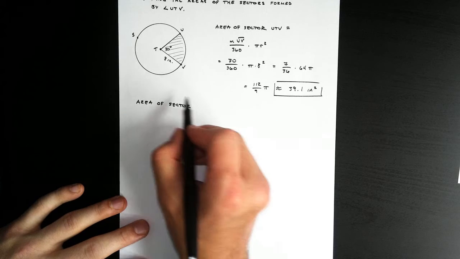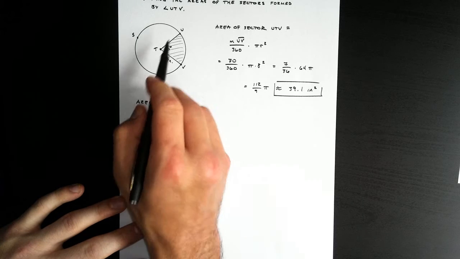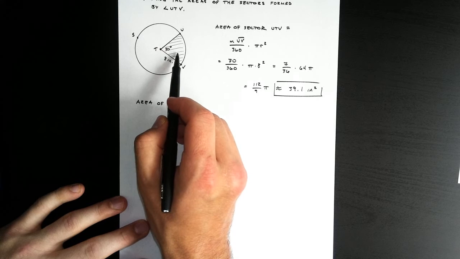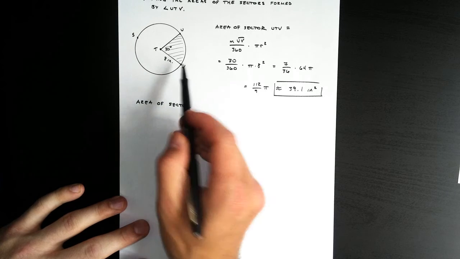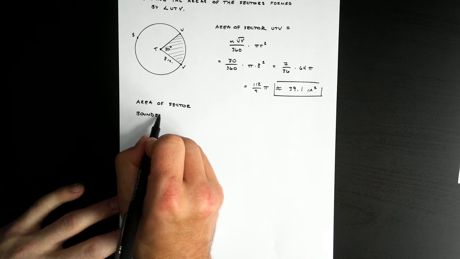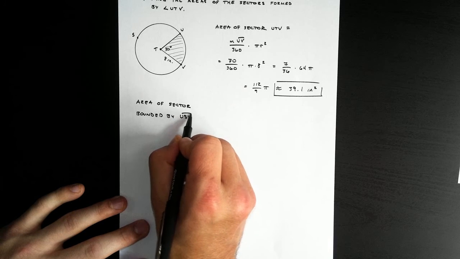and let's see, how do we want to name this? So the area of the sector, I don't want to just say UTV because we already named this one that. So we do have the other point here, so it's bounded by the major arc. So I'm going to say the area of the sector bounded by arc USV.